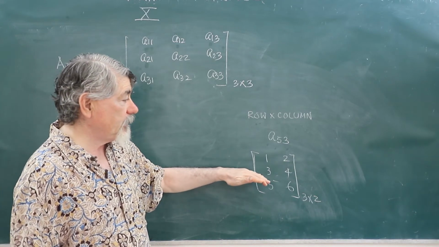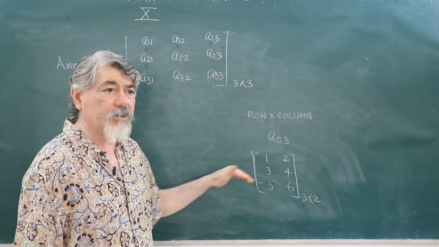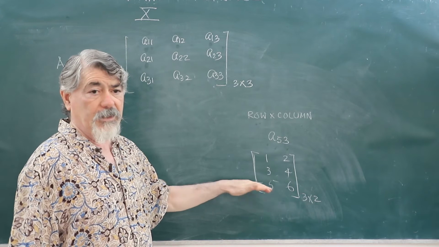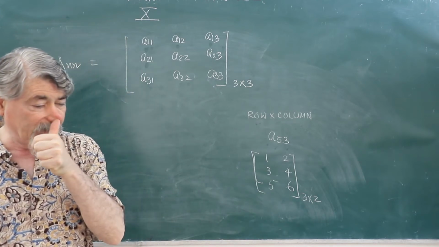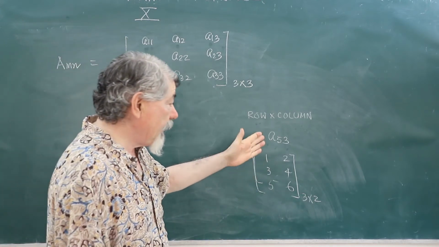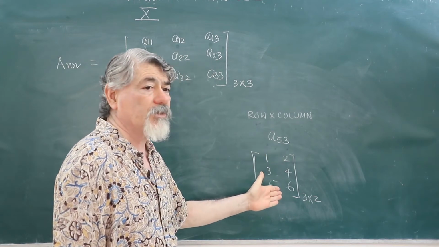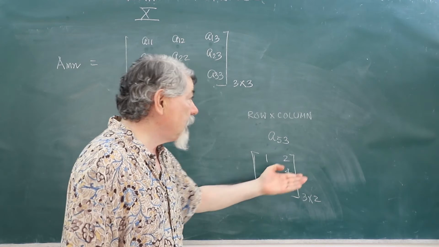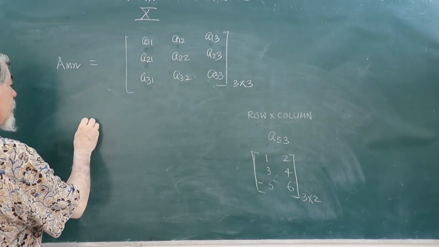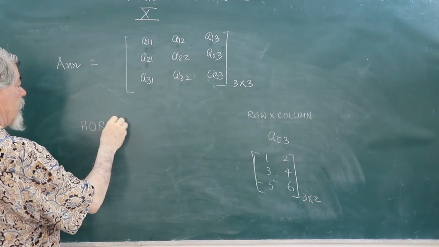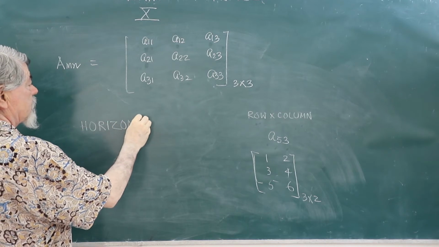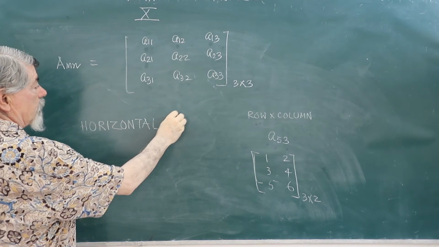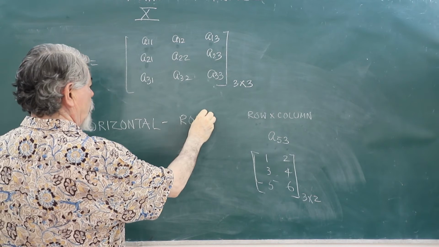Please understand, rows are a horizontal arrangement of numbers and a vertical arrangement of numbers is called a column. Horizontal is parallel to earth, horizontal is row.